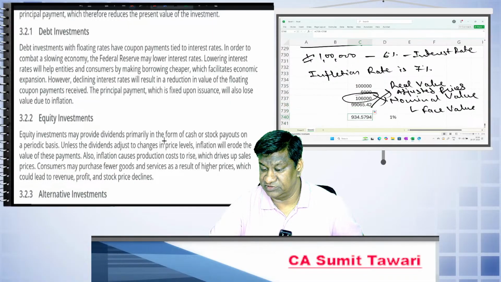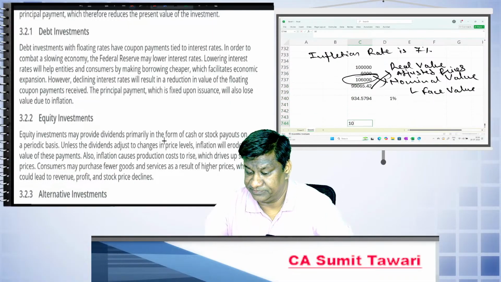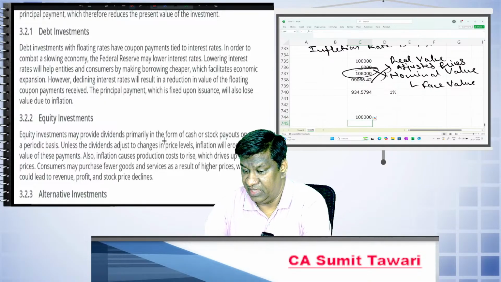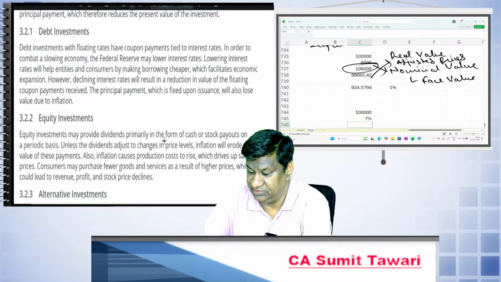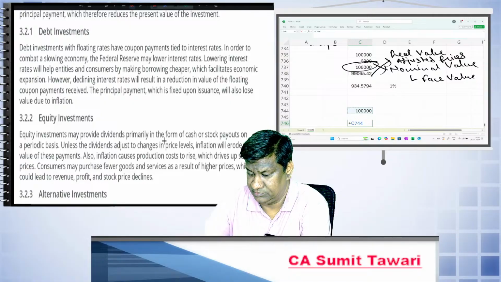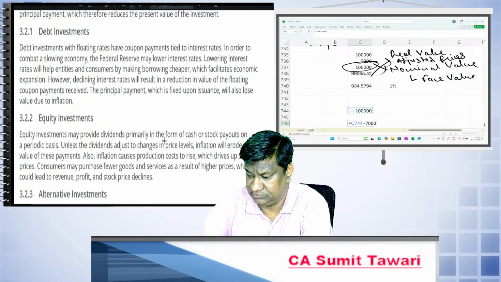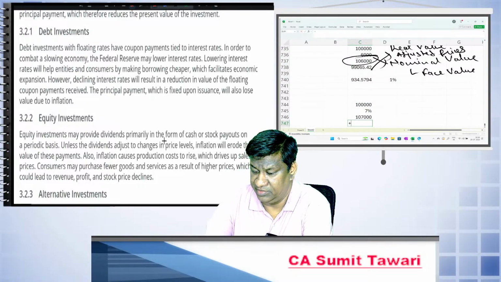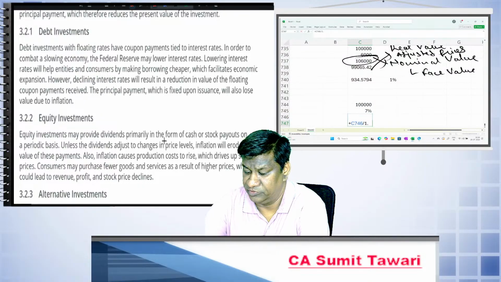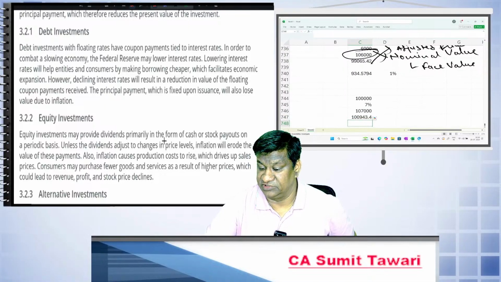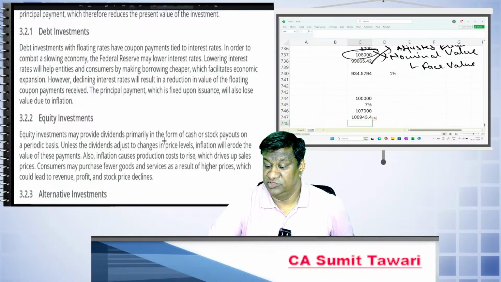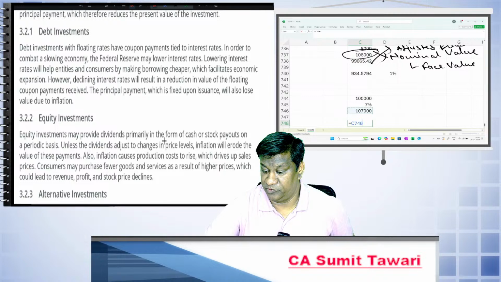But if it is vice versa, like 1 lakh and your interest rate is 7%, it is plus 7,000, and I consider 6% as inflation, that's why I discounted. So this will give a positive, an increase in net worth.